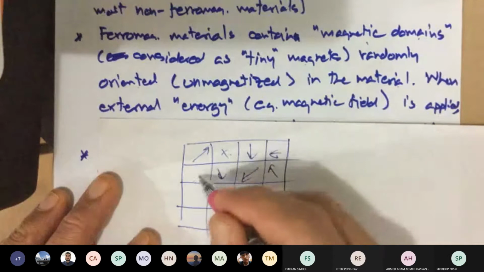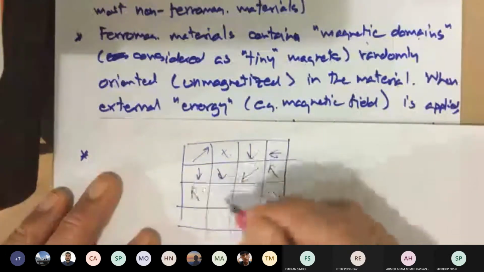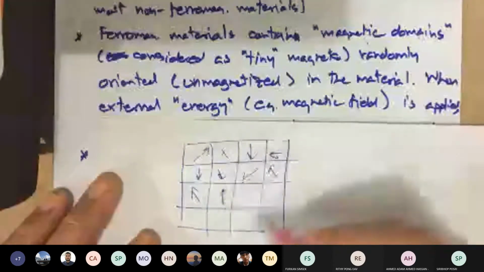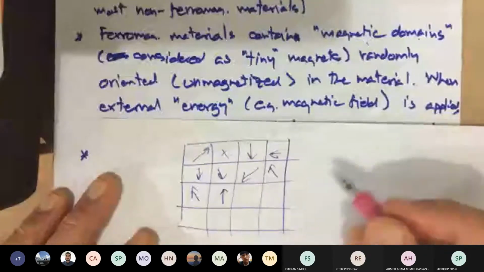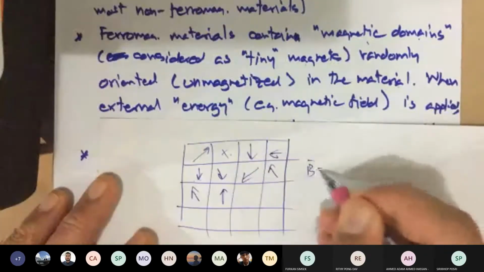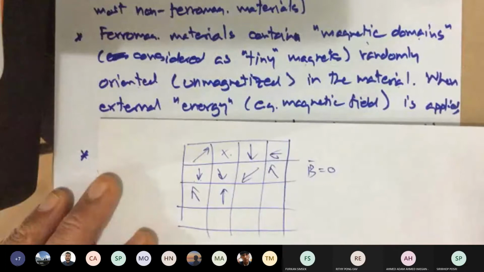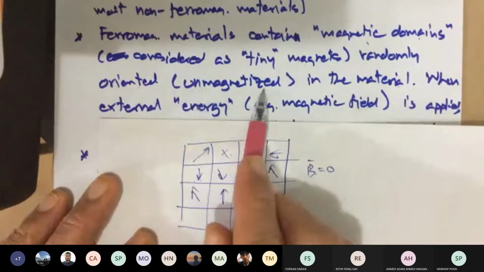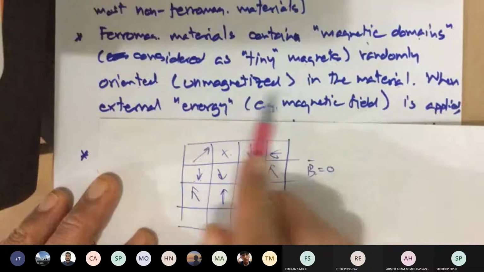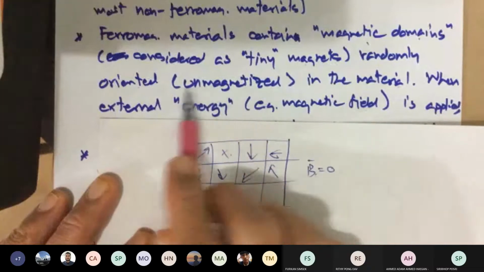I'm just going to draw a few, kind of like that. Then all these cancel each other and give you zero magnetic field. We call that term unmagnetized. It is not a magnet. It doesn't have any magnetic field.